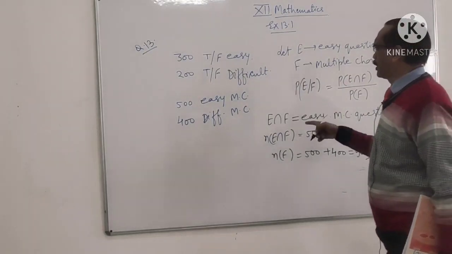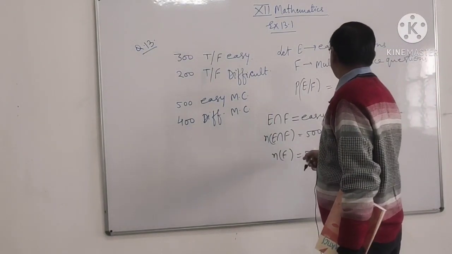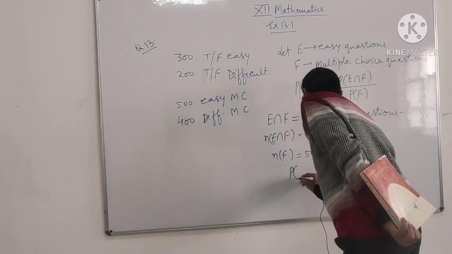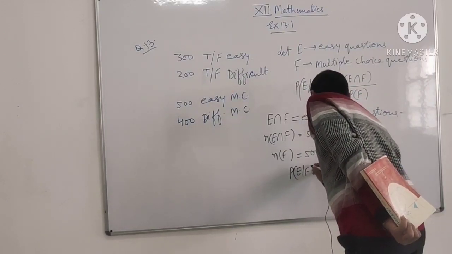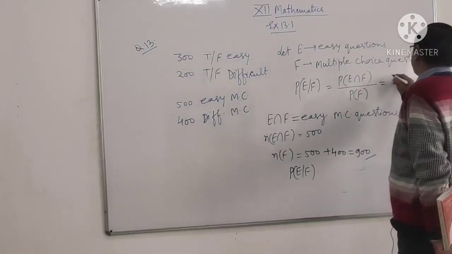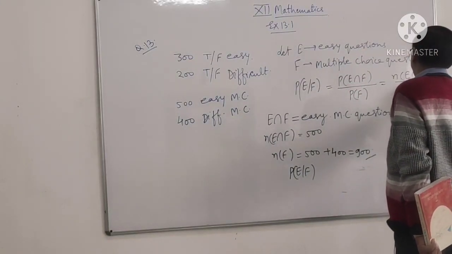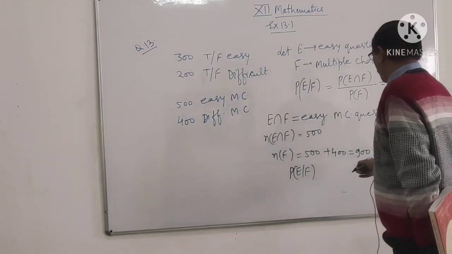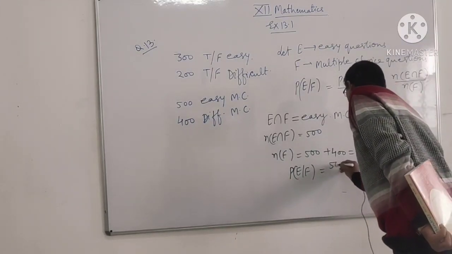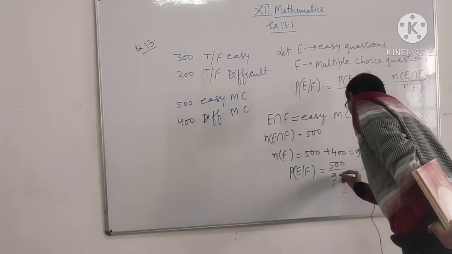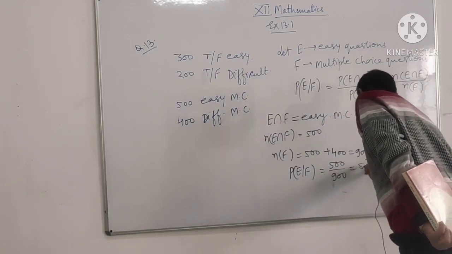Now the probability is P(E|F) equal to n(E intersection F) upon n(F), so it is 500 upon 900, or 5 upon 9.